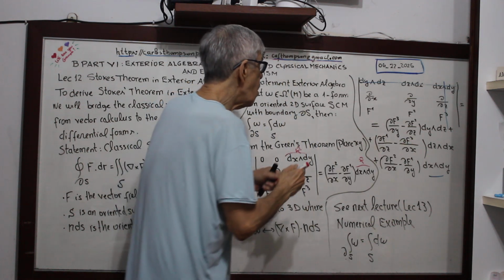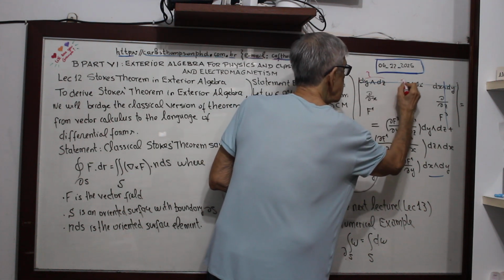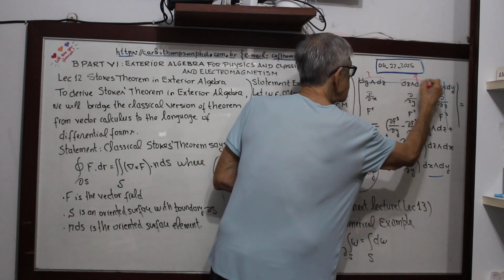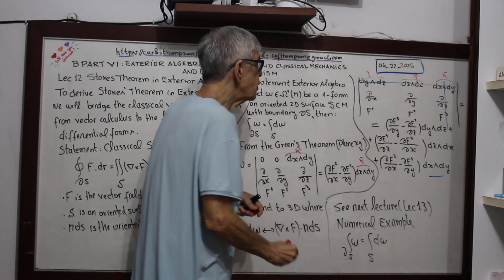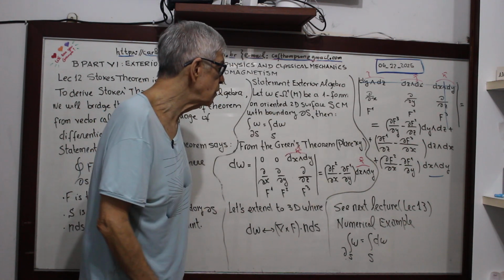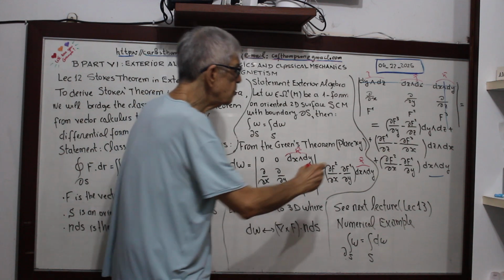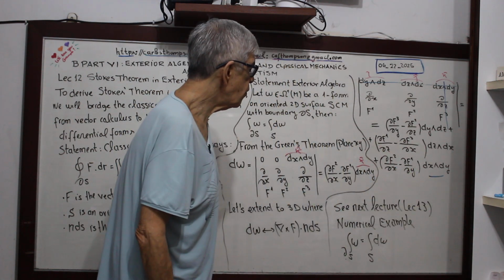Then recall that this is a unit vector i, unit vector j, unit vector k from vector calculus. You see, it's quite straightforward to do this. And this blue one here, you see, is the Green theorem.